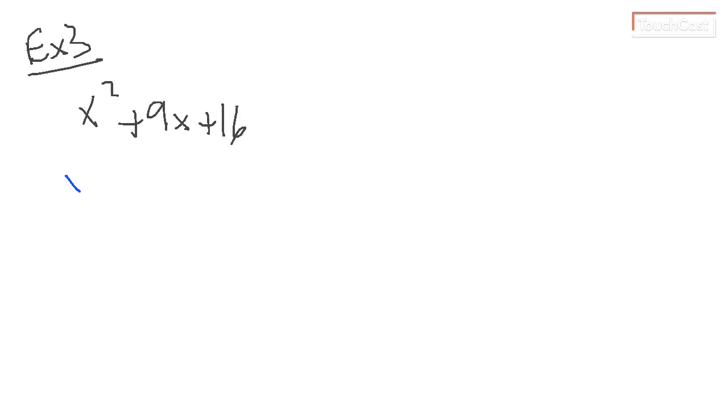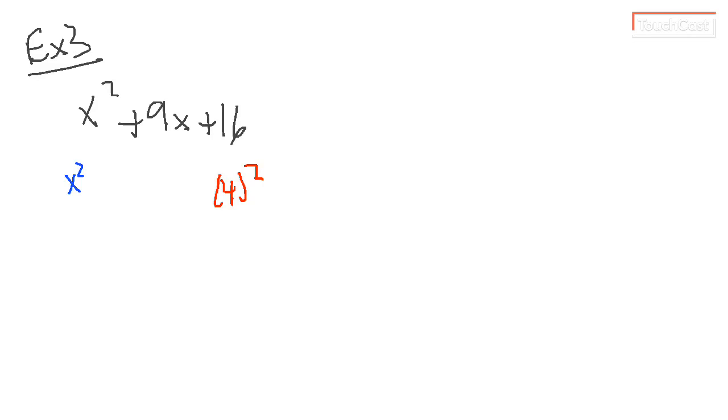Let's look at one more. Example 3. We're going to look at x squared plus 9x plus 16. So we're going to ask ourselves, x squared, that's already a number times itself. 16 as a number times itself is going to be 4 squared.